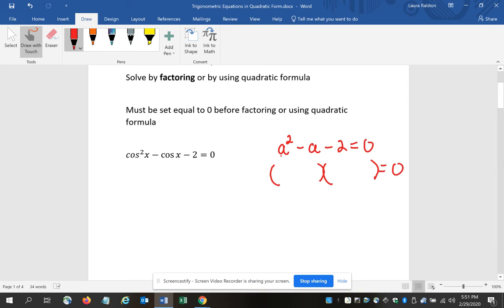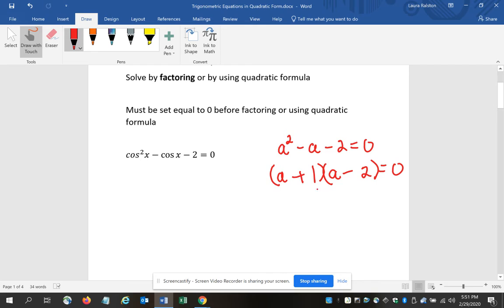I typically do factoring by trial and error. There's lots of methods. To get a squared, we would have had a times a. We need a pair of numbers that will multiply to 2 and subtract to 1. Well, there's only one pair, 1 and 2. 1 times 2 is 2, 2 minus 1 is 1. I need this one to be minus and this one to be a positive.